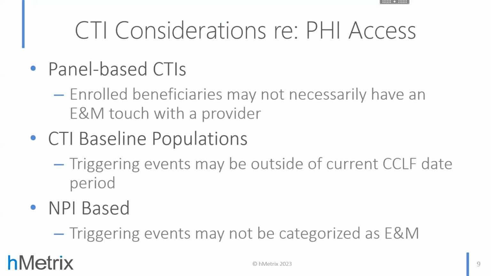Okay, so just some brief considerations for CTI on PHI access. And so the CTP, or sort of the CTI centric application that presents information on your hospital's CTIs, is comprehensive, which is to say it reflects all beneficiaries that are enrolled in your care transformation initiative.